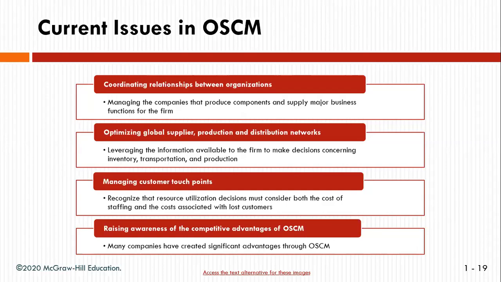It is managing the company that produces components and supplies the major business functions of the firm. We will bring in some software. You will look at them, very sophisticated ones, and how they work in this CRM or BPM or BI. These are information that you're going to look at. So we will have two ways of looking.